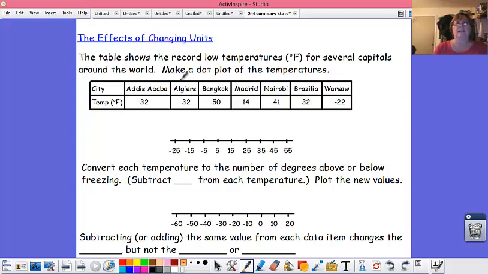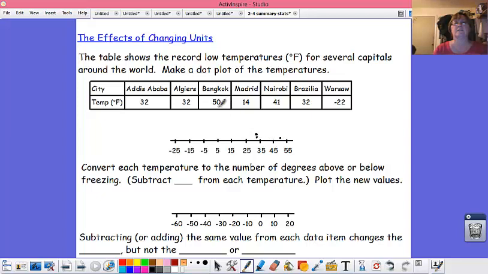I want us to make a dot plot, and so we will, because we just want to see what's out there. Addis Ababa is at 32. That's quite a name. Perhaps right around in there somewhere. Algiers is also there, so their record low is at the freezing point. Bangkok has a record low of 50. That's Thailand.